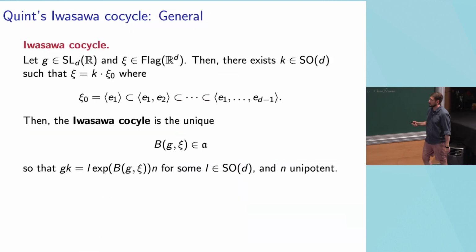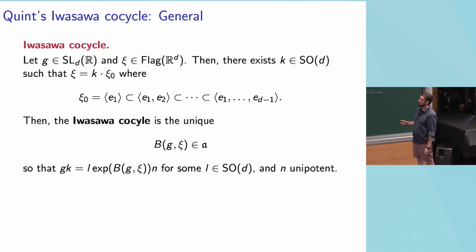So the input is a group element and a flag. Now, if I have a flag, I can use an element of SO(d) to put it into standard position. So E1 is the first standard basis vector, E2 is the second, and so on, and I have a standard flag obtained that way. And so with a compact element, I can send Xi to Xi0.